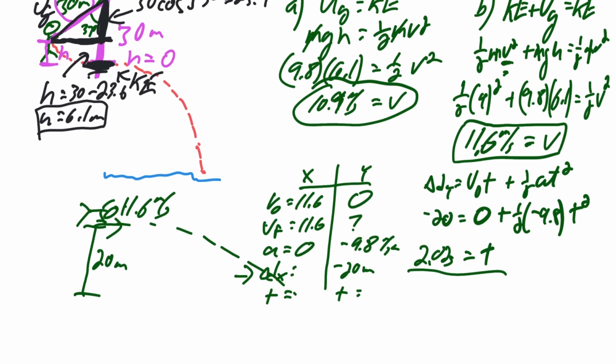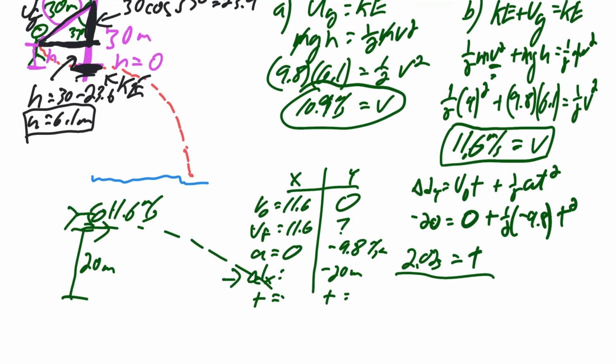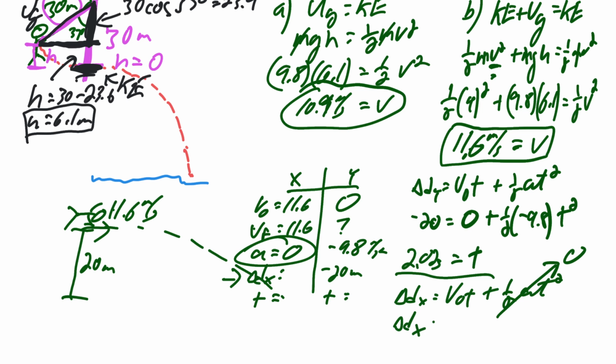But remember, the time is the same in the x direction as in the y direction. So we'll just do the same thing now. We'll look for delta d in the x direction, using that same equation. Notice that the acceleration is 0 in the x direction. No air resistance, so there's nothing speeding it up or slowing it down in that direction.